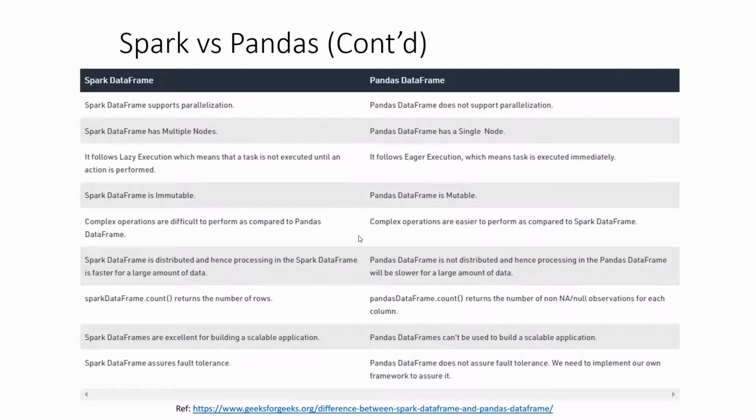This table shows some of the key differences and similarities between the Spark data frame and the Pandas data frame. As mentioned earlier, with the Spark data frame, we can support parallel data processing. Also, we can use the data frame to process data distributed across multiple nodes. In general, we can build very scalable applications with the Spark data frame.